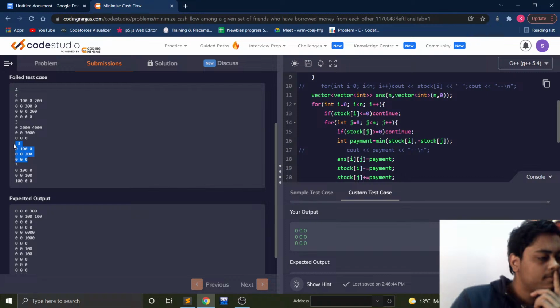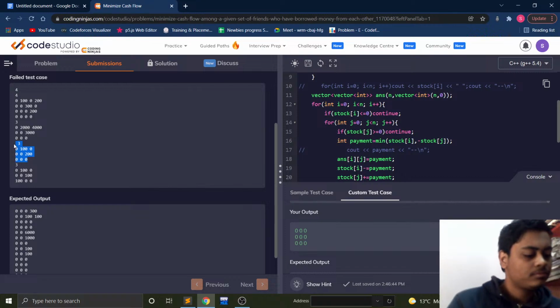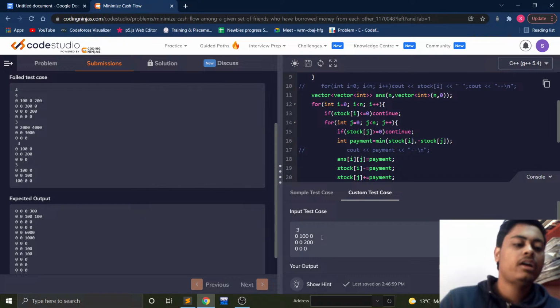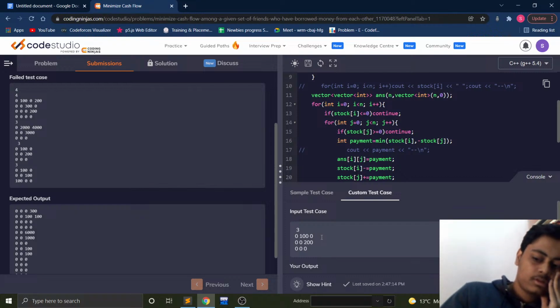What is this? This means I have 3 people, 0 1 2. 0 will give 100 rupees or dollars, whatever, and first will give to second 200.